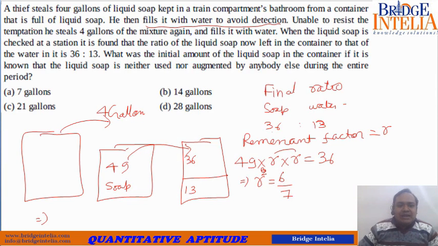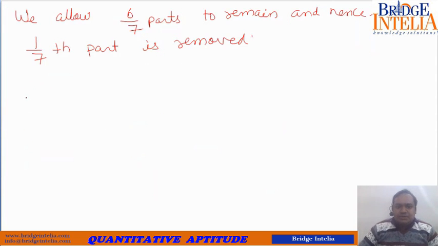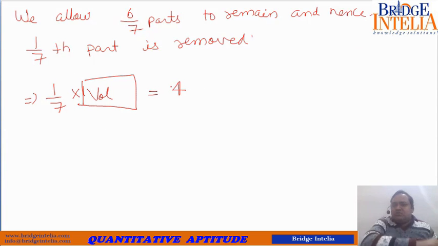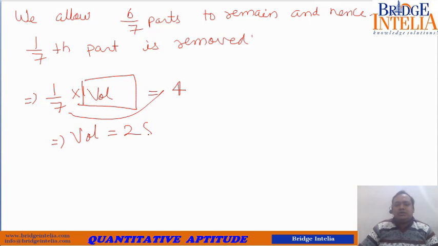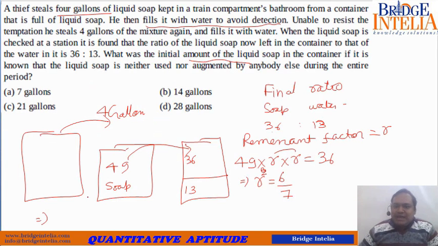So we know that the thief is removing 4 gallons, and we have to find the initial amount of liquid soap. So it means 1 by 7th of the original volume should be equal to 4, because he is removing 4, and that 4 should mean 1 by 7th of the entire volume. So from here, if you calculate, volume comes out to be 7 into 4, so that is 28.